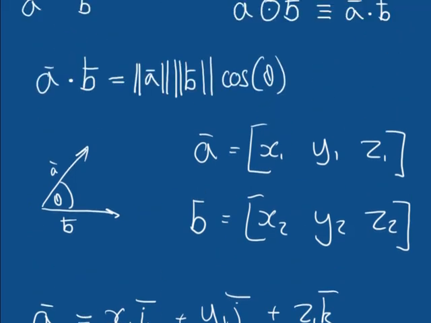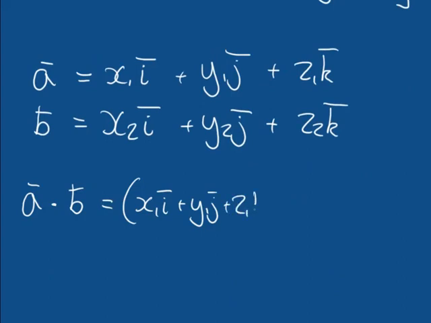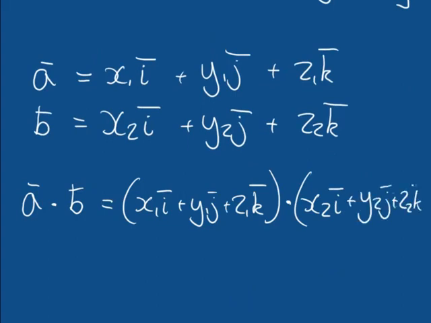So if we were writing our dot product, A dot B, we could write that as x1i plus y1j plus z1k dot, since this is equal to A, so we could write that as A dot x2i plus y2j plus z2k.